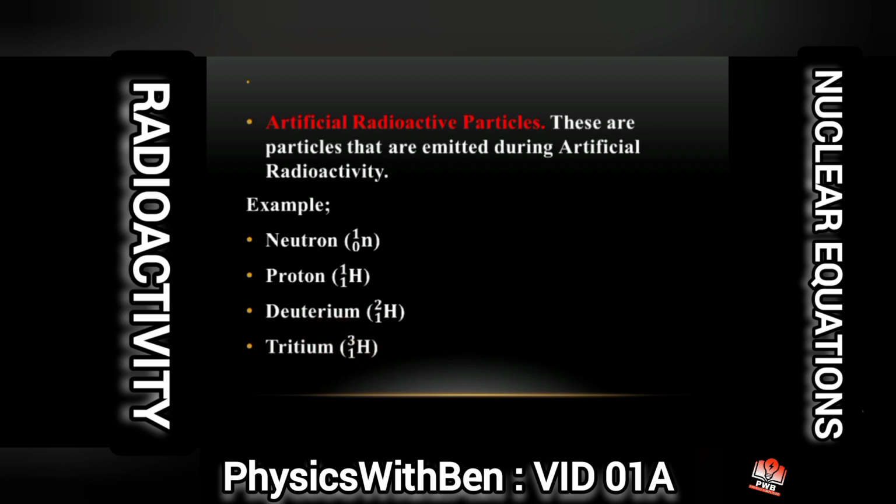So if you don't know these particles and how to represent them, you will be confused and you will not know how to go about writing the nuclear equation. So at this point, we have 7 radioactive particles: 3 natural radioactive particles and 4 artificial radioactive particles. Very, very important.